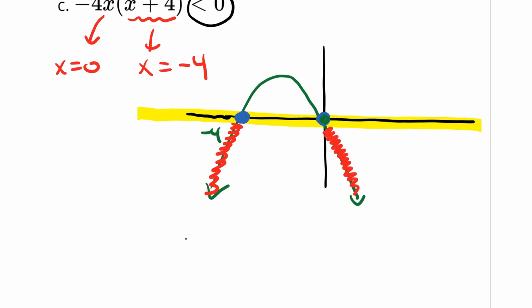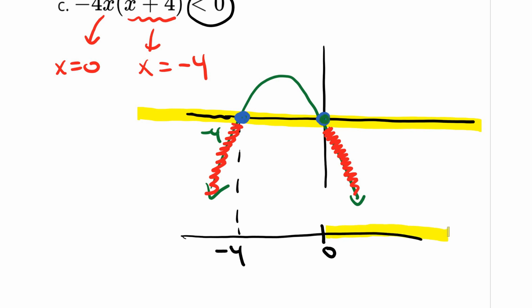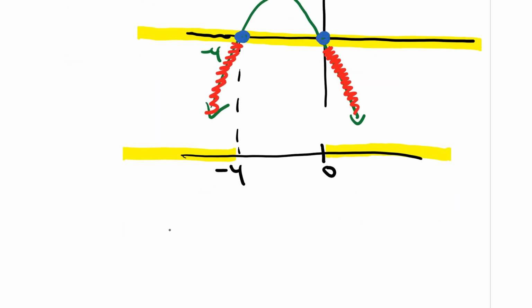So if you had to translate that on a number line here, this x value is 0, and this value here is negative 4. What we're doing is we're talking about the regions to the right of 0 and the regions to the left of negative 4. So the way you write that is x is less than negative 4 and x is greater than 0. So those are your answers for that particular problem.